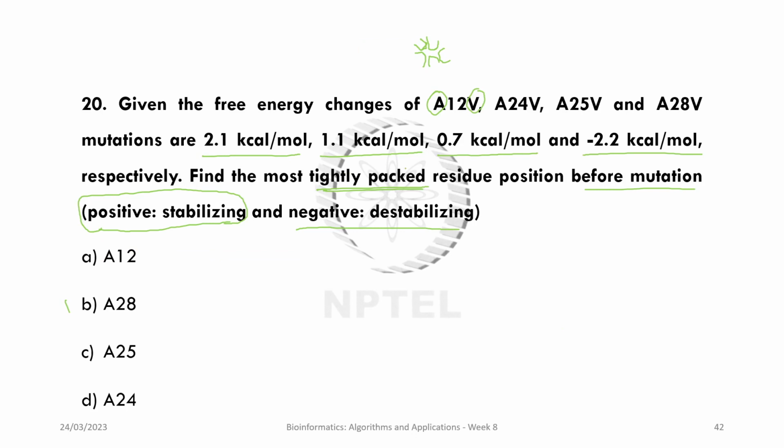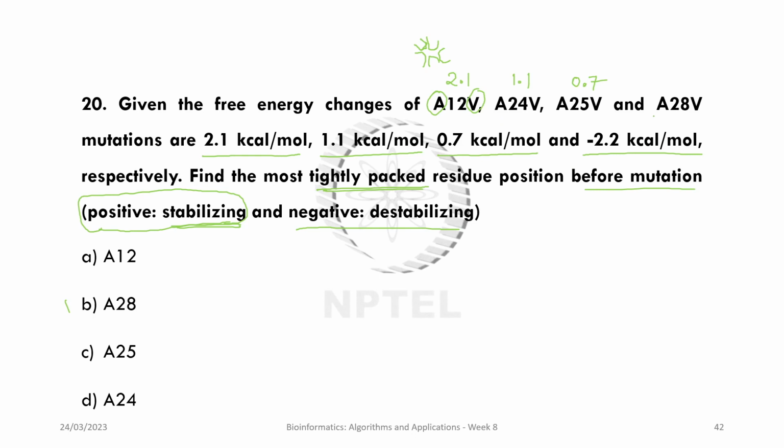So what will happen? The delta delta G will be positive and it will be stabilizing, which is true for A12V, A24V, and A25V.